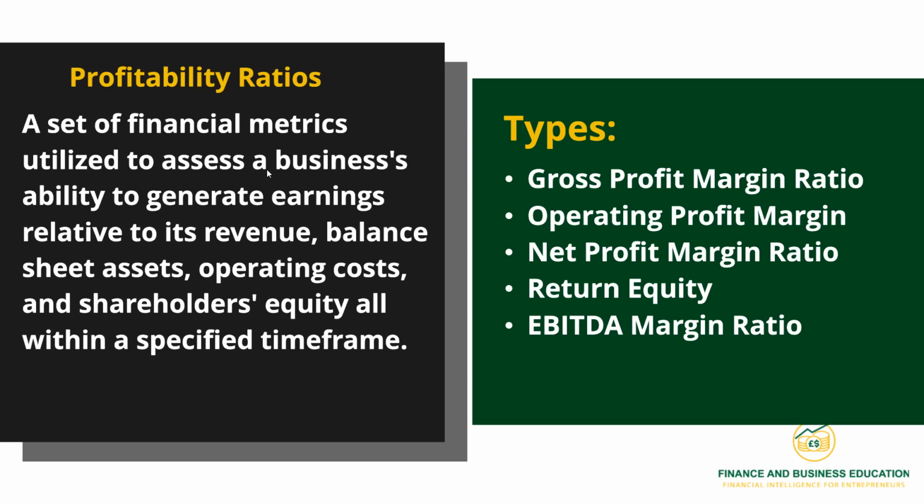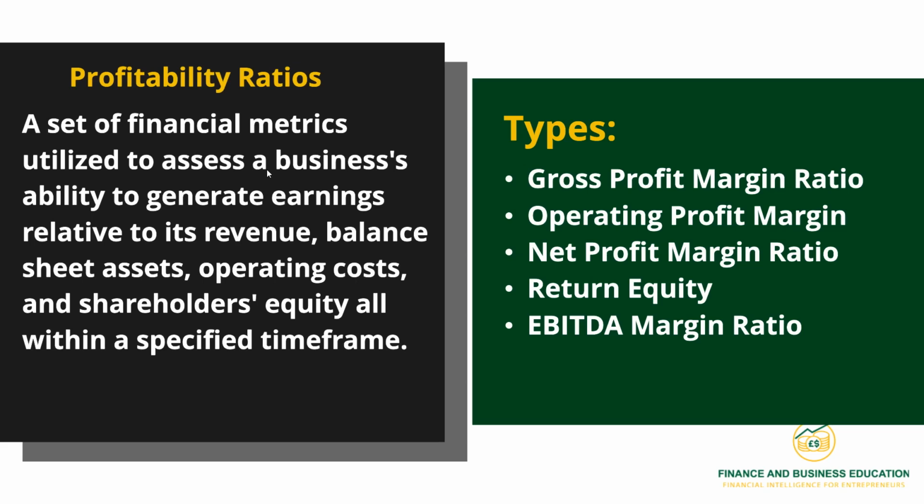Operating profit margin is after you have the gross profit, you minus operational expenses, you get an operating profit. You take the operating profit divided by sales to get that margin. Net profit is after you take off all expenses, including depreciation, amortization, whatever it might be. And you can even take off tax as well, and you get net profit divided by sales.